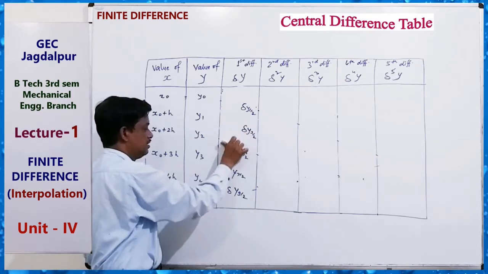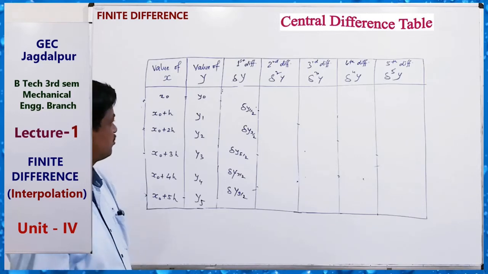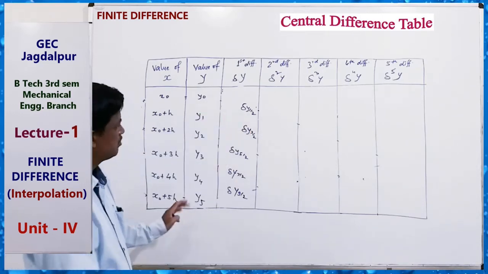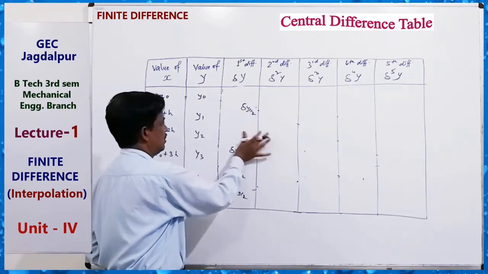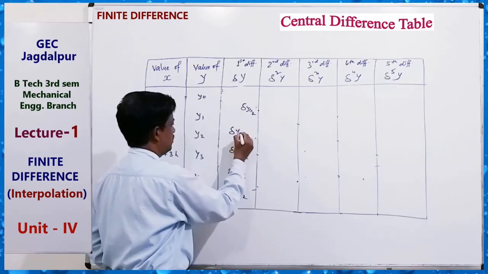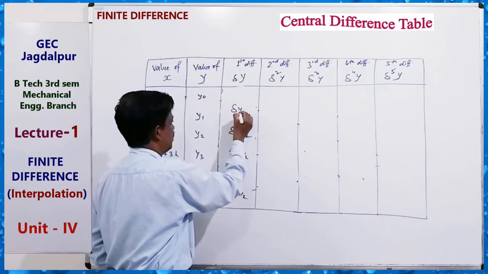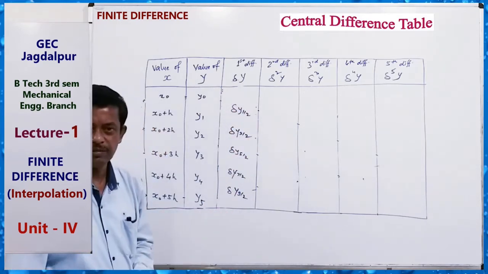You can see these are the first central differences. The notation is: here 0, then half. Now subtract this from this. You can write here also delta y 1 by 2, 3 by 2, 5 by 2, 7 by 2, 9 by 2.